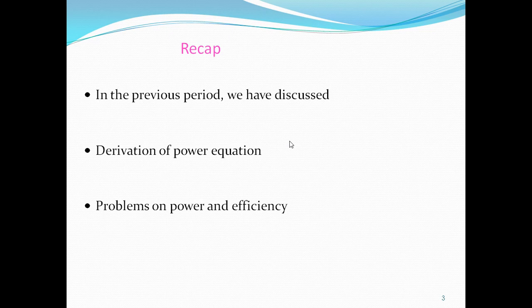So Ns is equal to 120f by p, where capital N suffix s, that is Ns, is the synchronous speed, f is the frequency, and p is the number of poles. So we did the problems on that also, that is calculation of pull out torque, and we did the problems on calculation of efficiency also, that is output by input by using power equations.